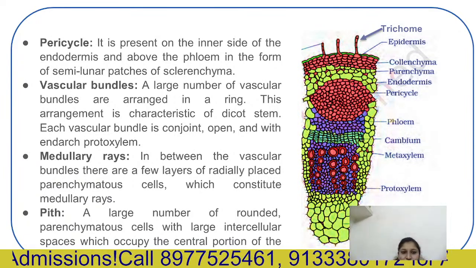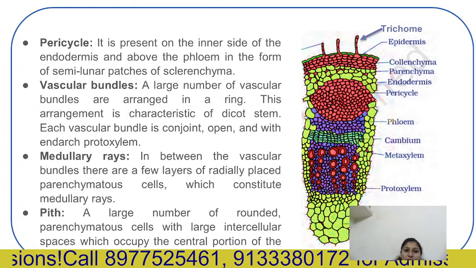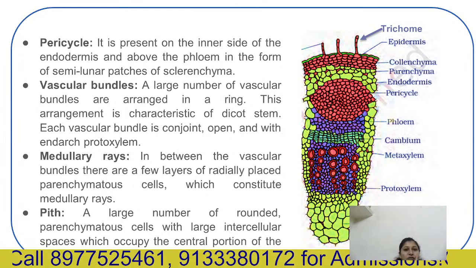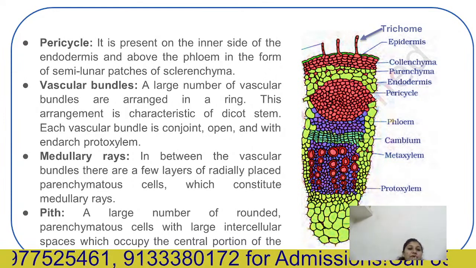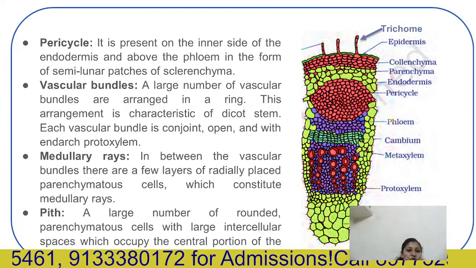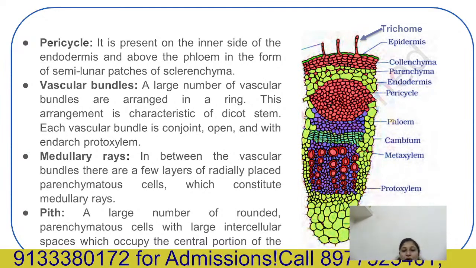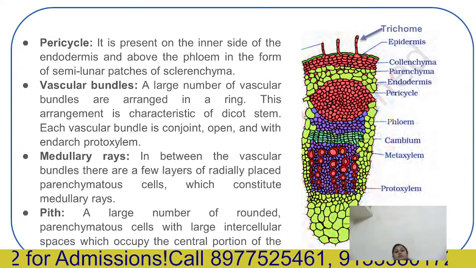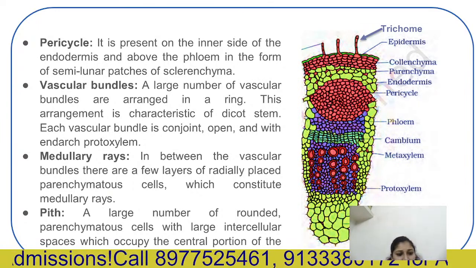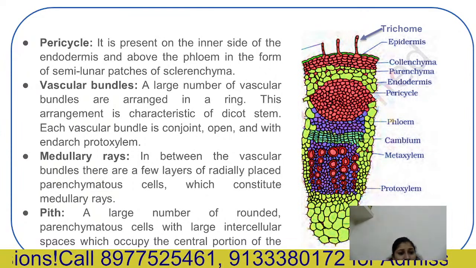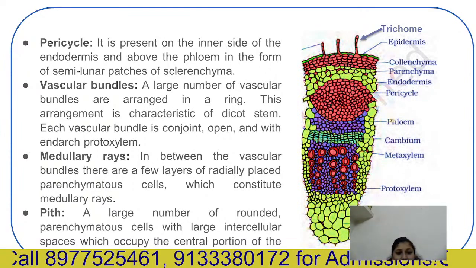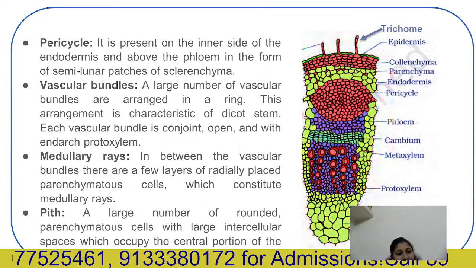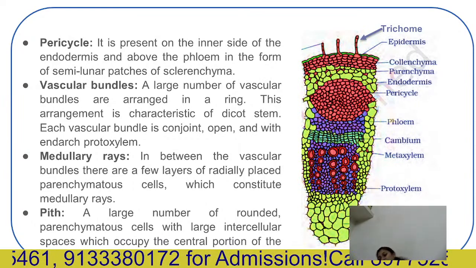Remember, pith is large here. Pericycle is made up of sclerenchyma cells. Vascular bundles, they are of conjoint open type because it is dicot stem. Medullary rays, they are few layers of radially placed parenchyma cells, and pith is large in case of dicot stem.